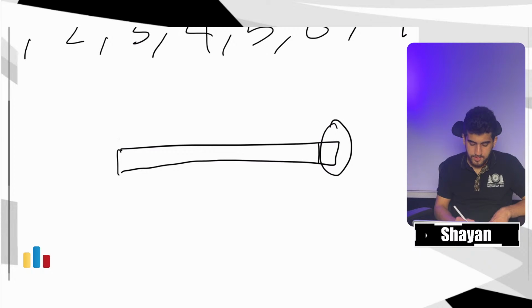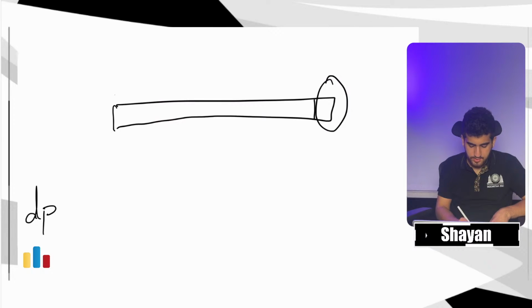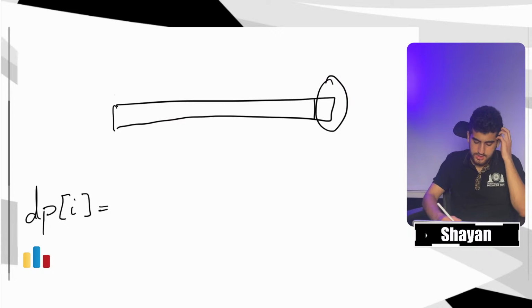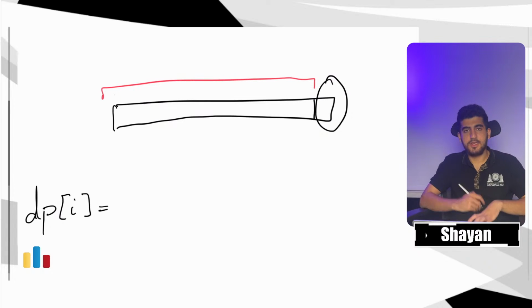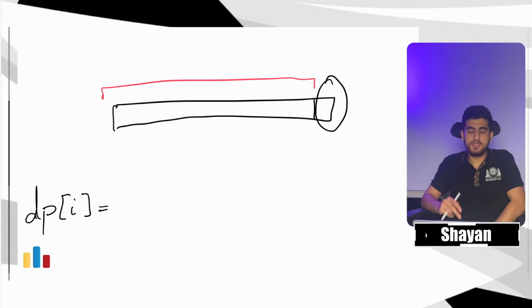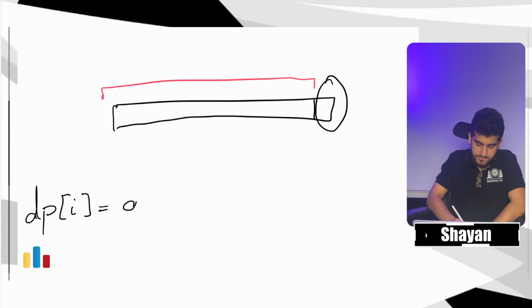If it is going to be white, when I'm calculating dp of i, then I have i minus 1 cells left that I can color as I want. Just in this part, no two adjacent cells must both be black. So it's going to be dp of i minus 1.